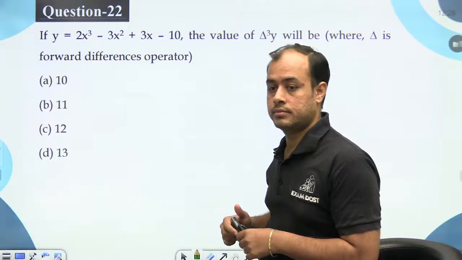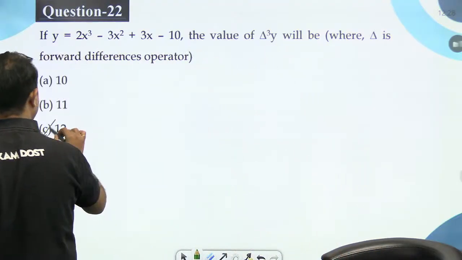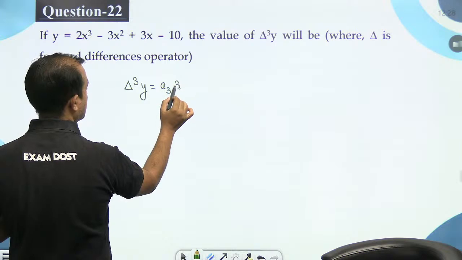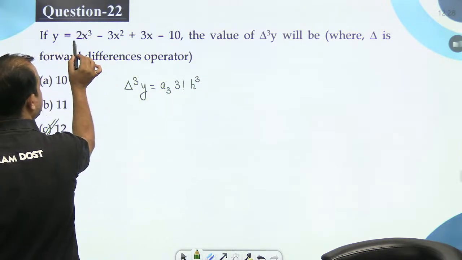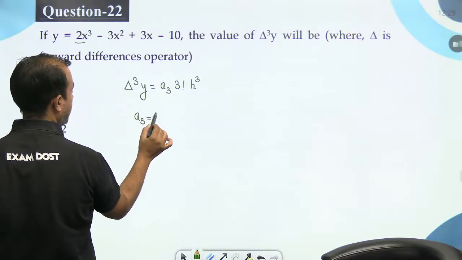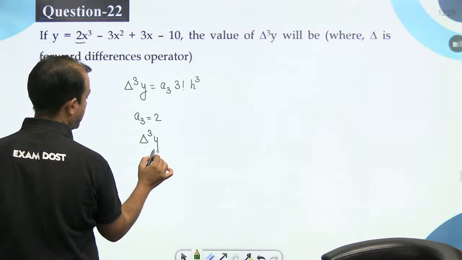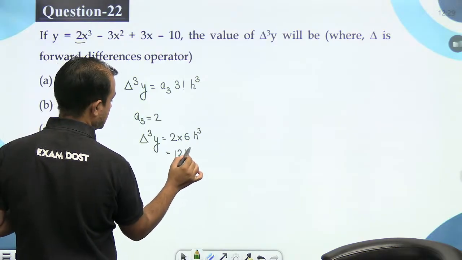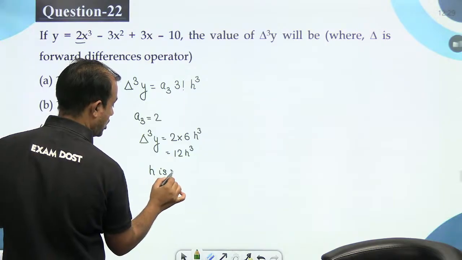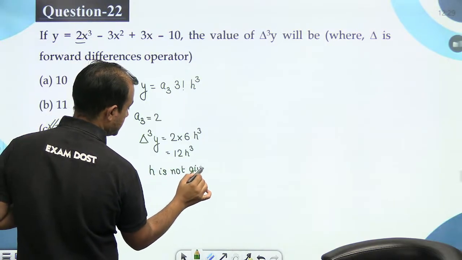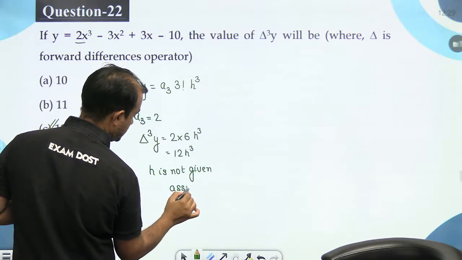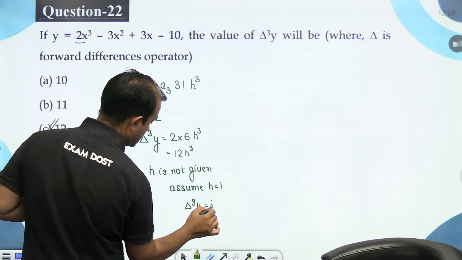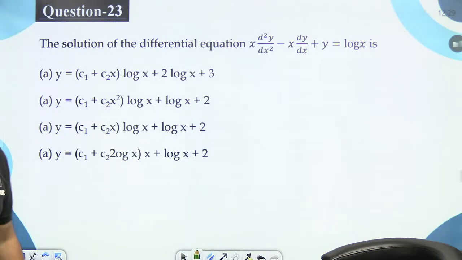Now this coefficient is A3. H is not given. So the answer is 12.